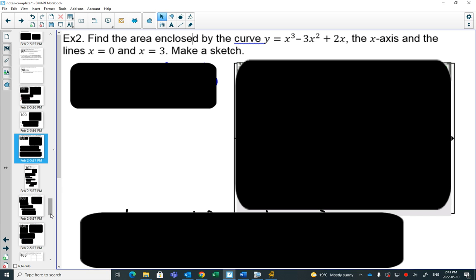No, eraser, no. There's your x-intercepts, right? So 0, 1, and 2. And it's x cubed, so that means starts down here, ends up here. No, no problem. Very nice.